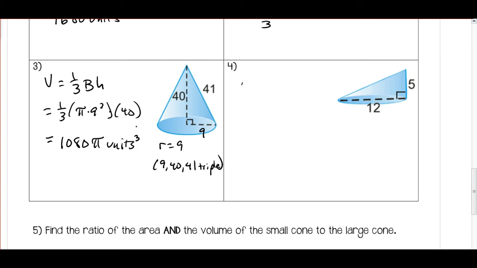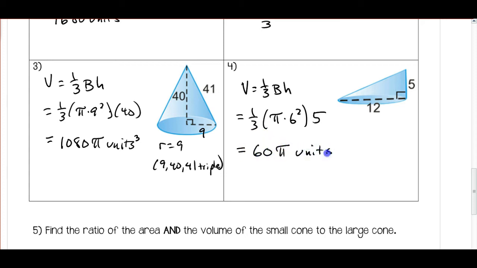Alright, last example up here, we've got that the volume is equal to 1/3 area of the base times the height. Again, we have a base of a circle, so that's going to be 1/3 times pi, radius is going to be 6 squared, the height is going to be 5. And this gives us 60 pi units cubed.